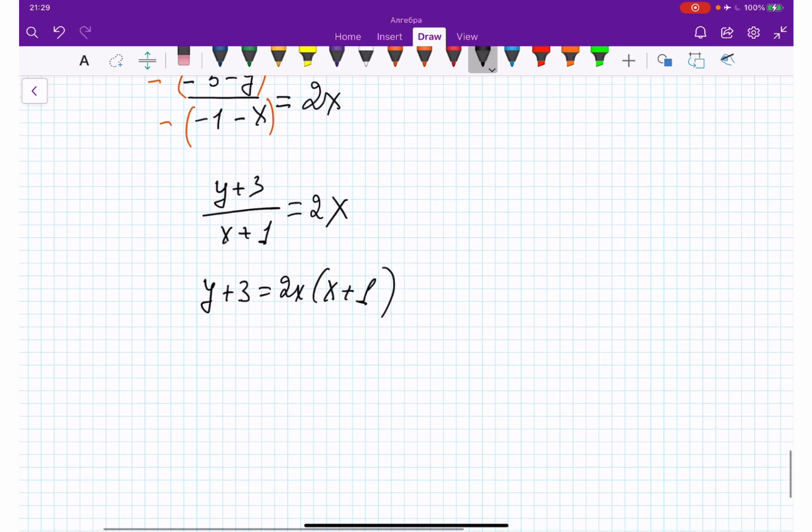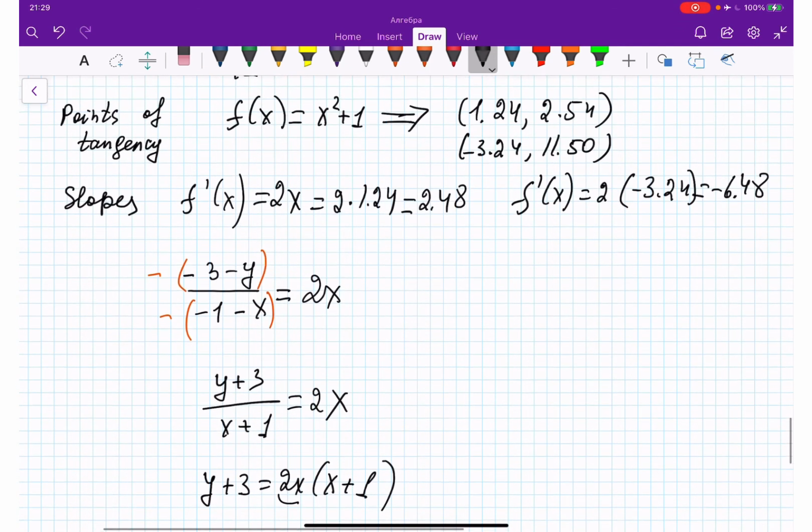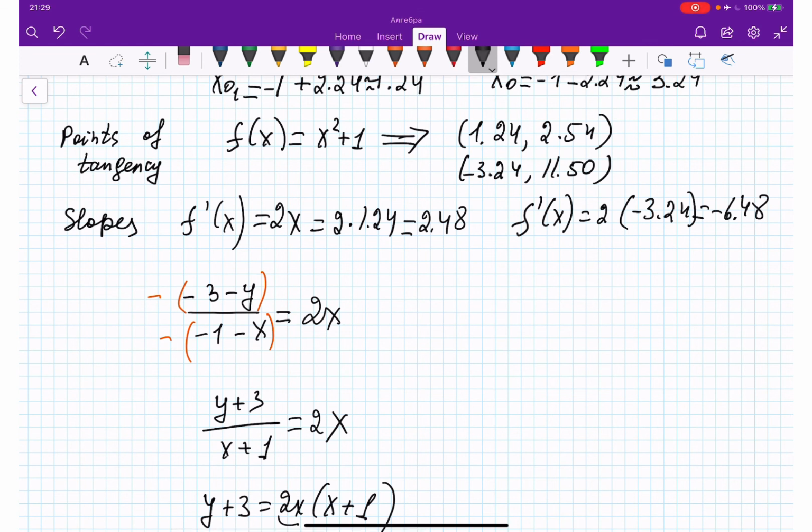Okay, so this is the formula for our equation. So I'm going to write down for the first one, for the slope 2.48. So we will get y plus 3 is equal to, 2x is already 2.48, right? Yes, see, here we have multiplication already. We multiplied here, remember? Otherwise, I would put 2 times 1.24.